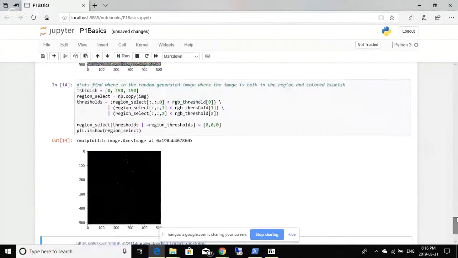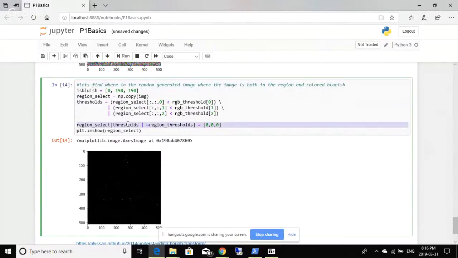Okay. So if it's within the threshold, or that it is not within this region, so essentially anything outside of this triangle here.